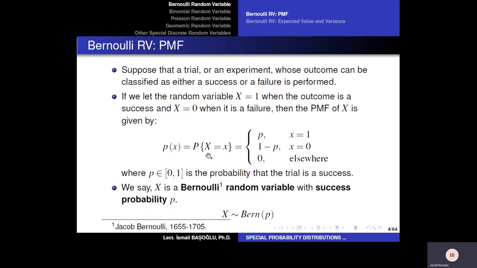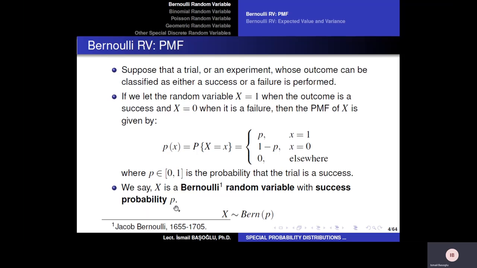Because the Bernoulli random variable can take either of these two possible values, the probability mass values anywhere else over the real line are simply 0. And then we say that this capital X is a Bernoulli random variable with success probability p.